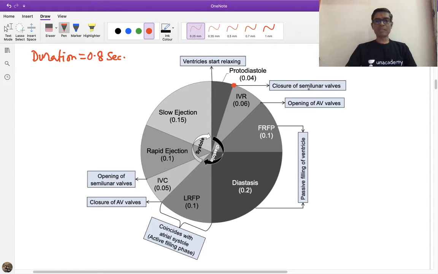Whenever the semilunar valves are closed, already the tricuspid valve was closed and bicuspid valve was also closed, so the phase that will start after the closure of this semilunar valve, in this direction the cycle is moving, is known as the isovolumic relaxation. Very, very important phase to remember, because at the beginning of this isovolumic relaxation phase there is closure of the semilunar valves. So my answer is that second heart sound occurs at the beginning of this isovolumic relaxation phase, right?